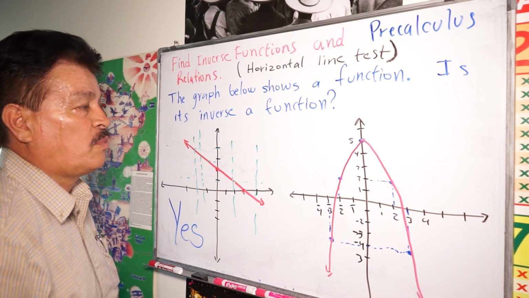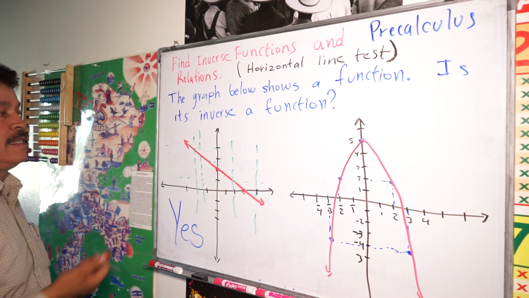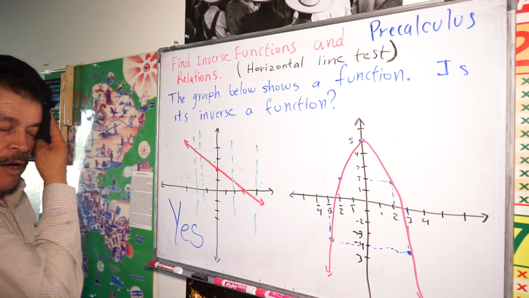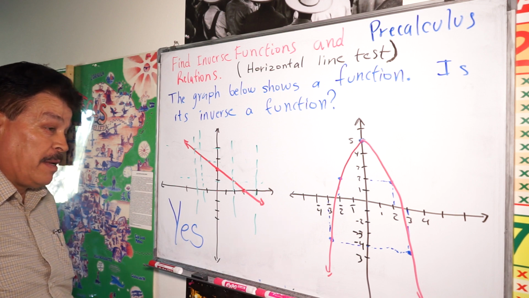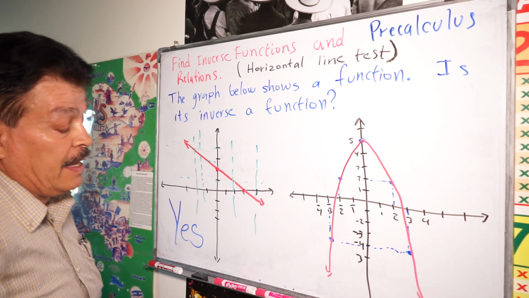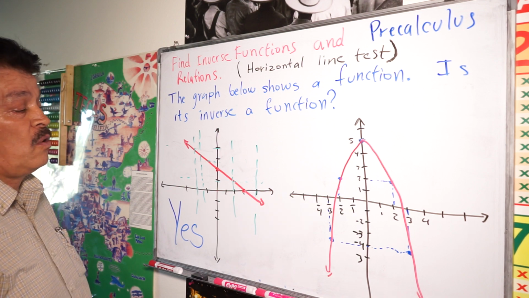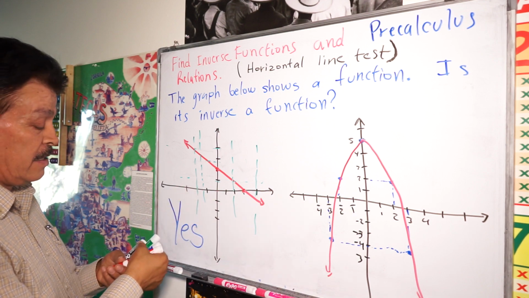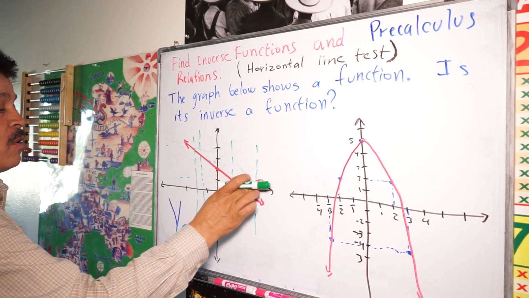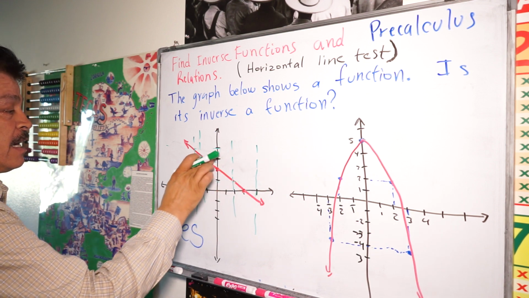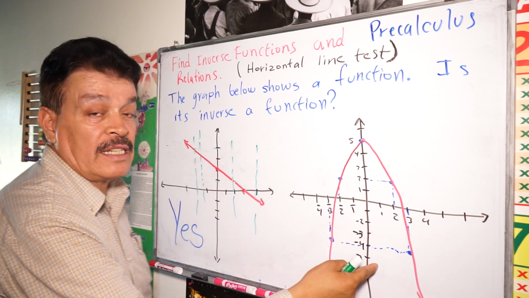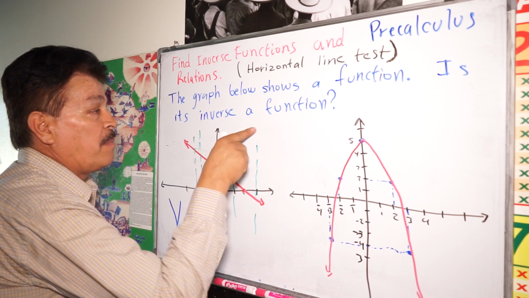Now we have to prove this is a function, and also whether it's an inverse function. How do we prove that? Remember, if vertical lines cross on one or more points, then the graph is not a function. This is a function, of course, but is its inverse a function?